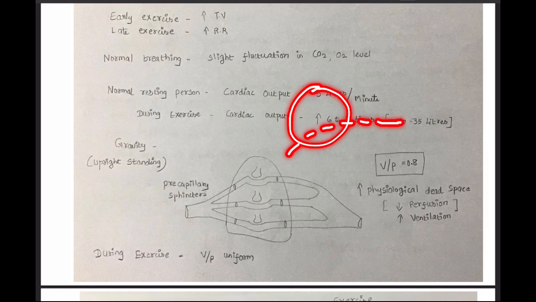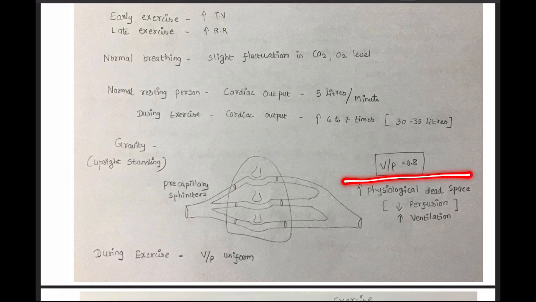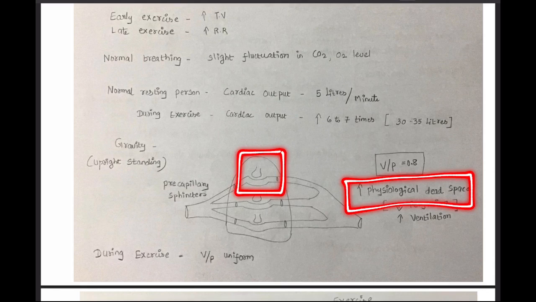There will be, but it is very, very small. So that is known as physiological dead space, that is, some ventilation is lost due to very small blood flow. So in the upper segment, the apical segment of the lungs, there is increased physiological dead space.